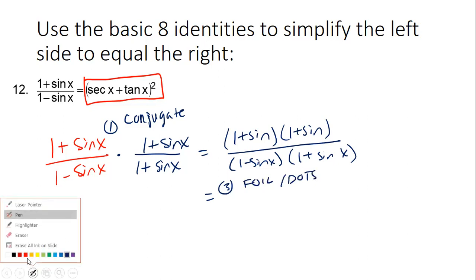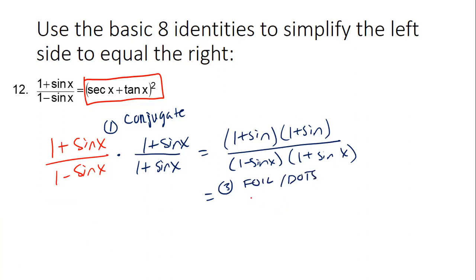Foiling and using difference of 2 squares, I'm left with 1 plus 2 sine x plus sine squared x, all over 1 minus sine squared x.